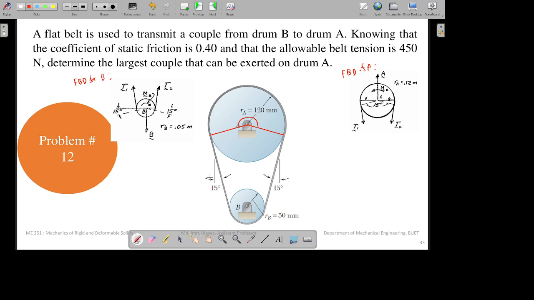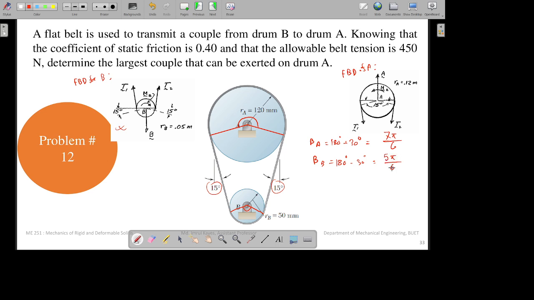So beta for A will be 180 plus 30, to make it in radian, 7 pi by 6. Now again beta for B, this time the angle will be this one, which will be 180 minus 30. You can see those angles are 15, so minus 30. You can also check the free body diagrams to understand.